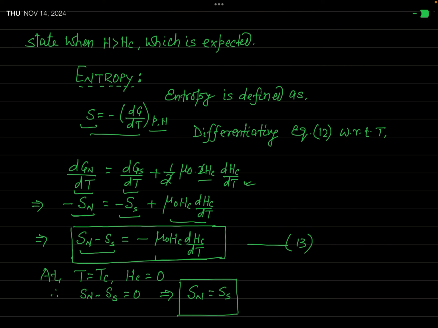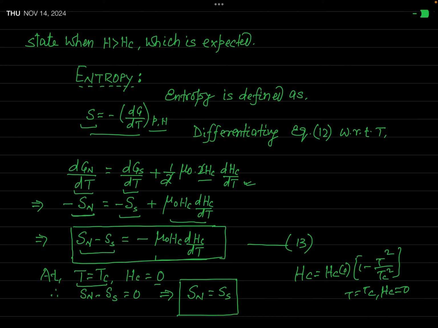Now let us see. You know that when temperature T is equal to Tc, then Hc is equal to 0. You have learned earlier in our previous lecture that Hc is equal to Hc0 times 1 minus T square over Tc square. And from here you can see when T is equal to Tc, then Hc will be equal to 0.